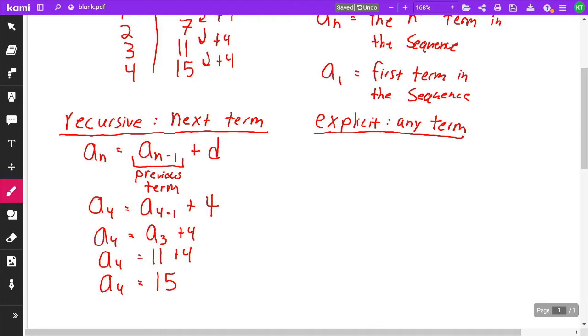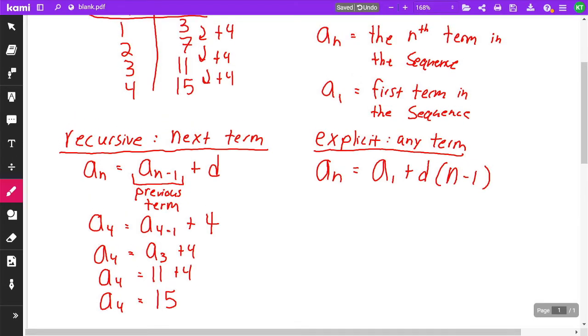That's what we'd use the explicit formula for. So we'll start again with a sub n telling us any term in the sequence is equal to our first term, a sub 1, plus our common difference times n minus 1.